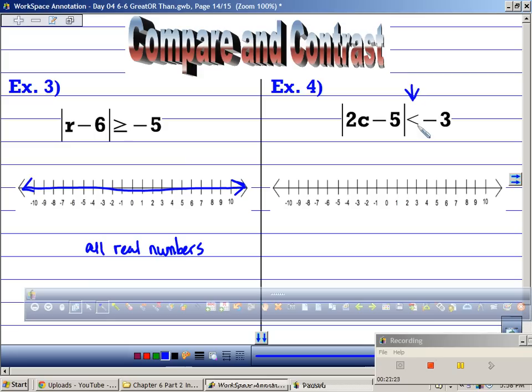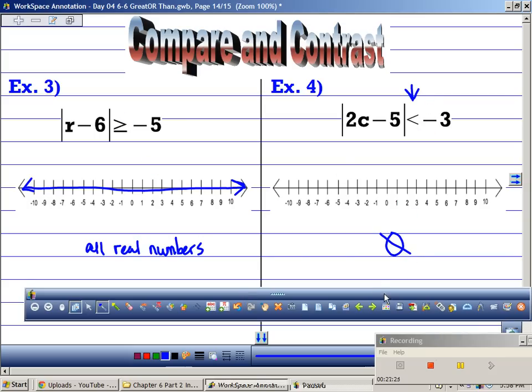So less than nothing would be absolutely nothing. That makes more sense. Sorry about that. I thought separating them would work, but doing it in this example is very confusing. So greater than nothing, everything. Less than nothing, nothing. Hopefully that clears that up.